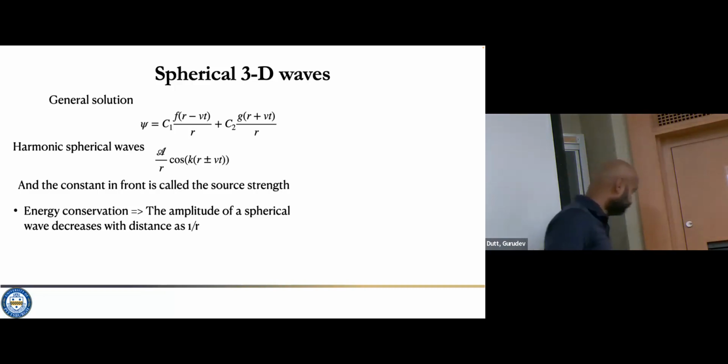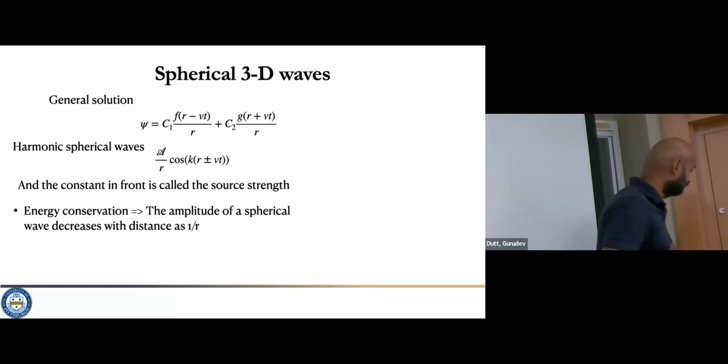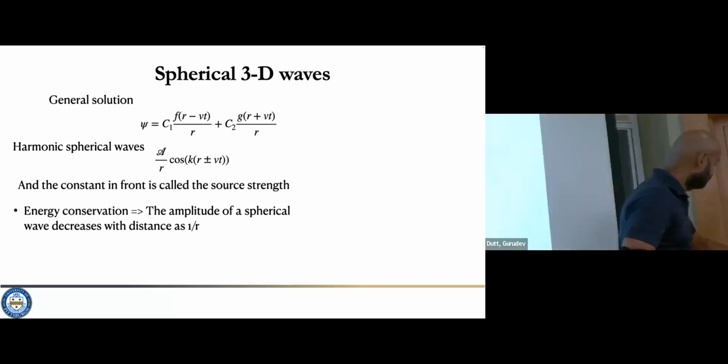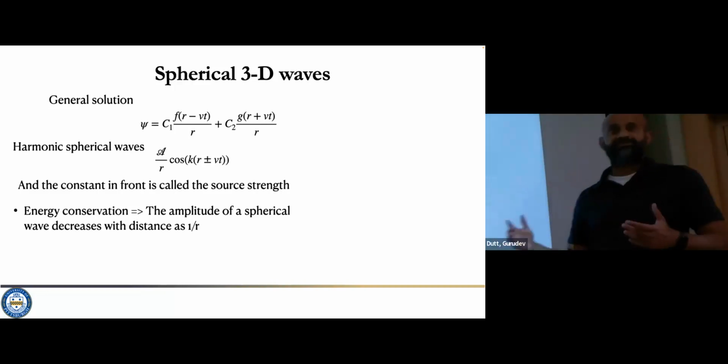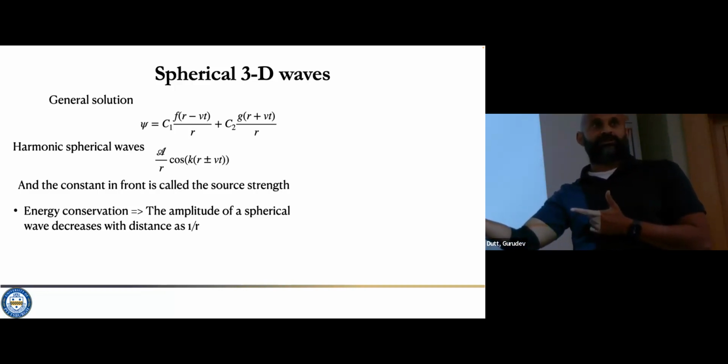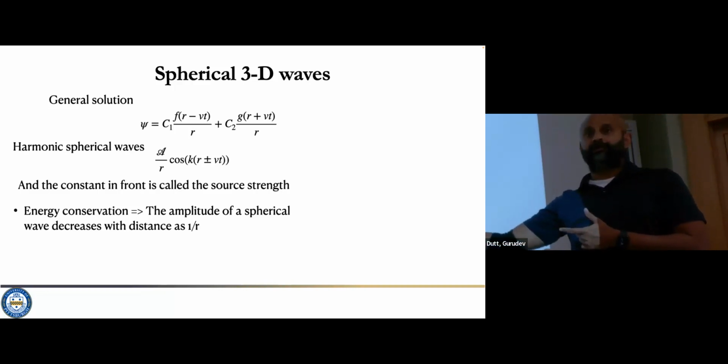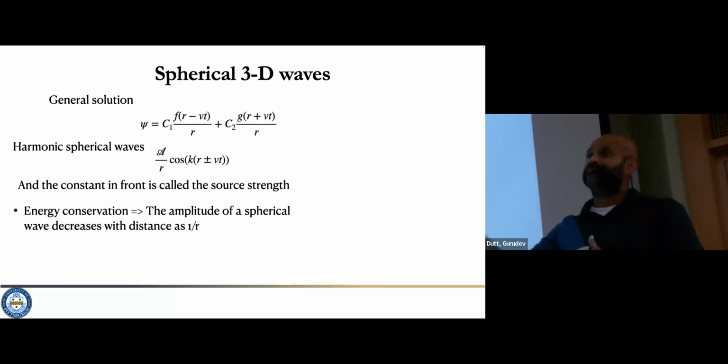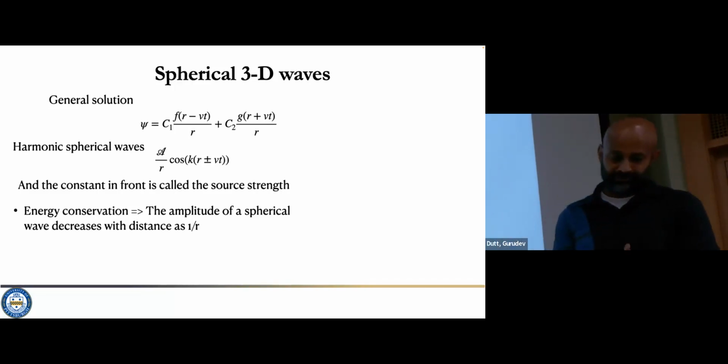Very good. I'm glad you brought that up. Because you might be thinking that this looks very obvious, but when you think about electrostatics, you learn that the electric field falls off as 1 over r squared. And now in electromagnetic waves, it falls off as 1 over r. Okay, so there is a difference.